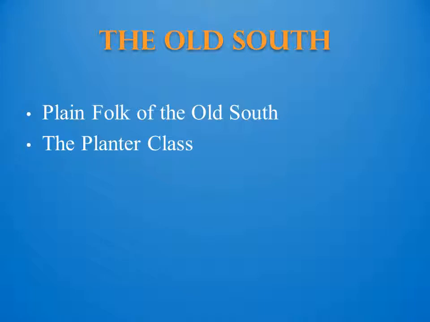Many were self-sufficient and very remote from the markets that the large plantation owners would have been a part of. And they were often desperately poor and more often illiterate than northern farmers were, since most southern states lacked the free public schools that we would start to see in the north.